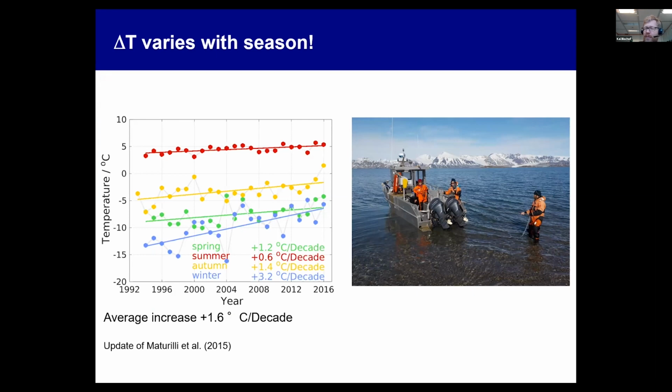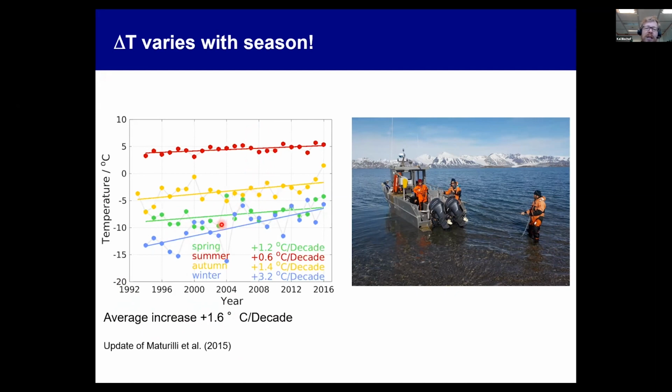This is a graph from our colleague Marion Maturilli from the Alfred Wegener Institute. And she has measured an average increase in atmospheric temperature of plus 1.6 degrees centigrade per decade. The interesting thing here is that this increase in temperature is not evenly distributed over the year, but it is different in the different seasons.